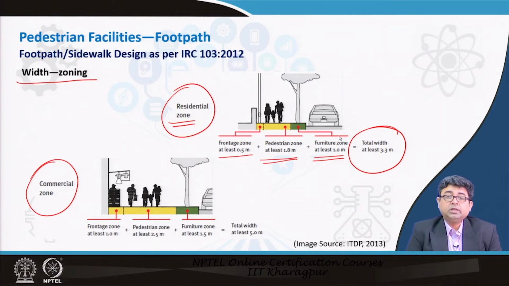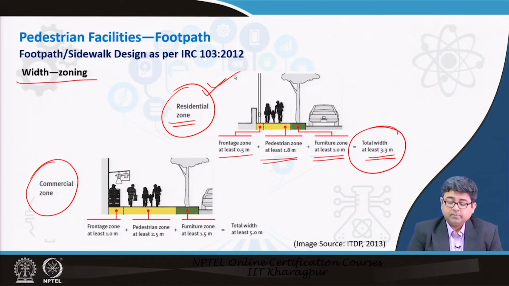So, when you see very narrow footpaths, you should always question them. You should talk to your urban local bodies and say, do not provide us anything less than 3.3 meters in front of my residence if you really are serious about people who would walk. There is no point just providing them with a 1.5 meter pedestrian zone.